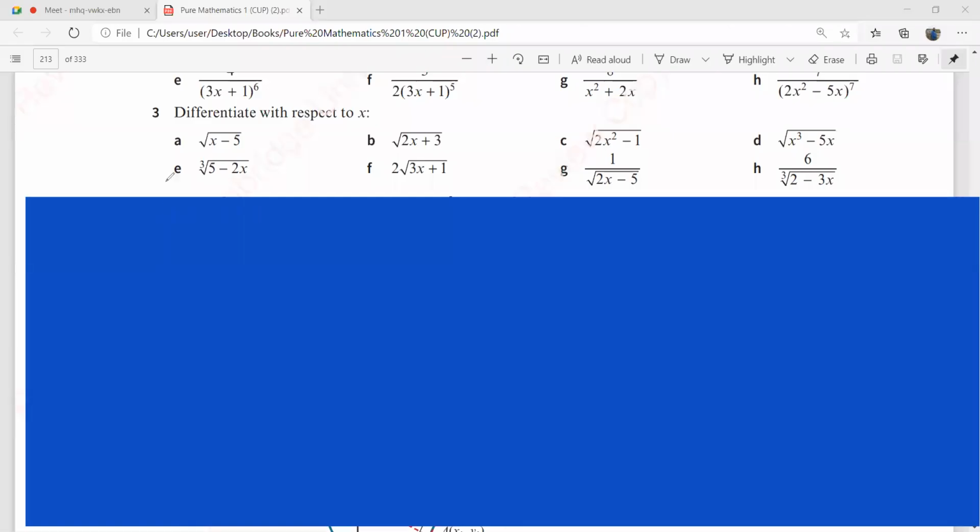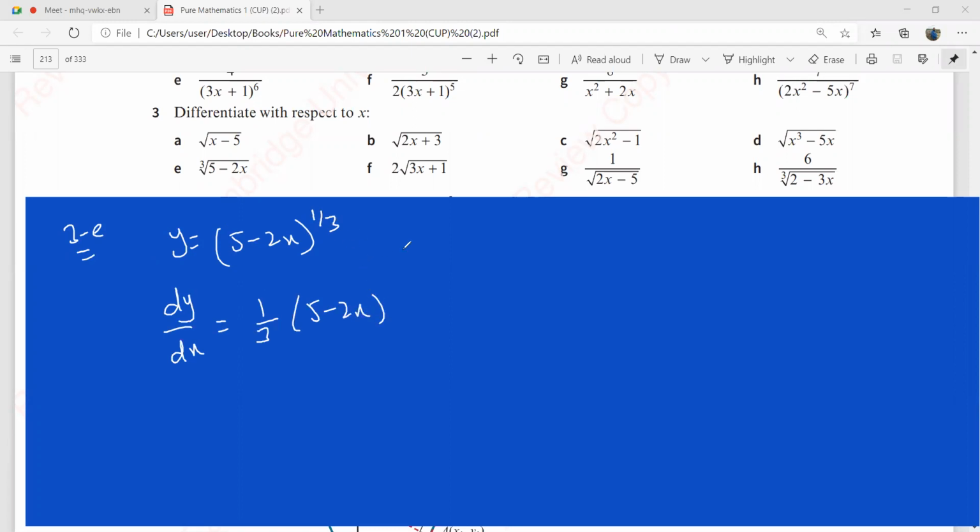Okay, now let me try this 3e. Let me write it as y is equal to 5 minus 2x, and this is the power 1 over 3 over here. So when you differentiate, this will be 1 over 3 into 5 minus 2x, and you can do this at the side. 1 over 3 minus 1 is going to be minus 2 over 3, because rather than showing all these steps again and again, don't waste your time.